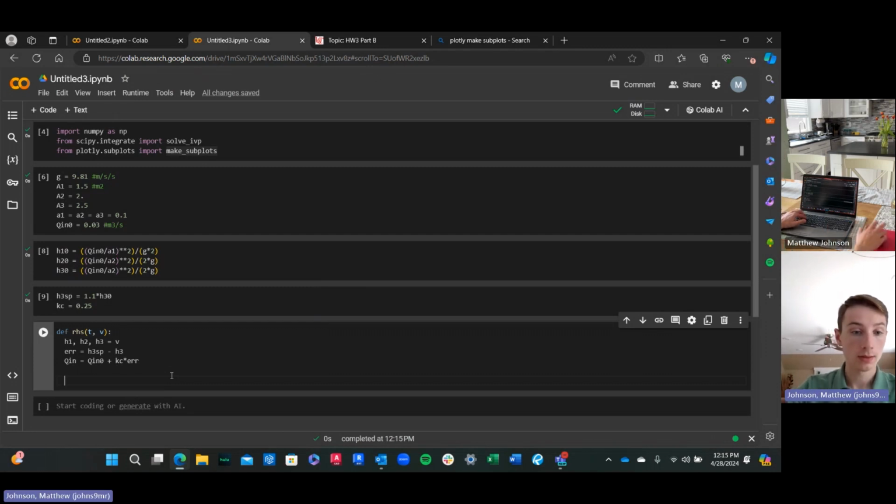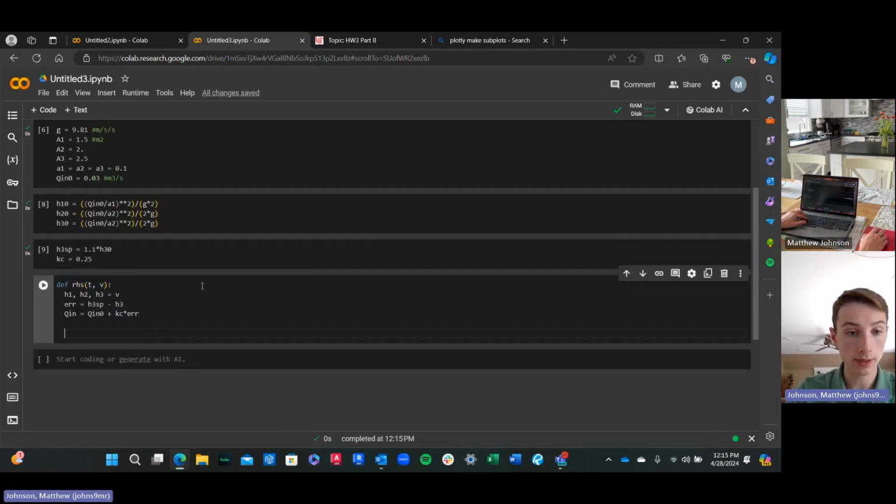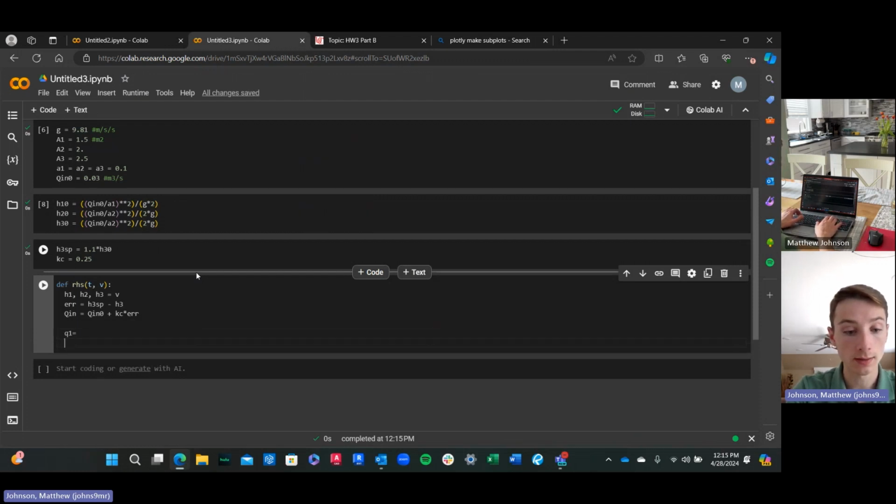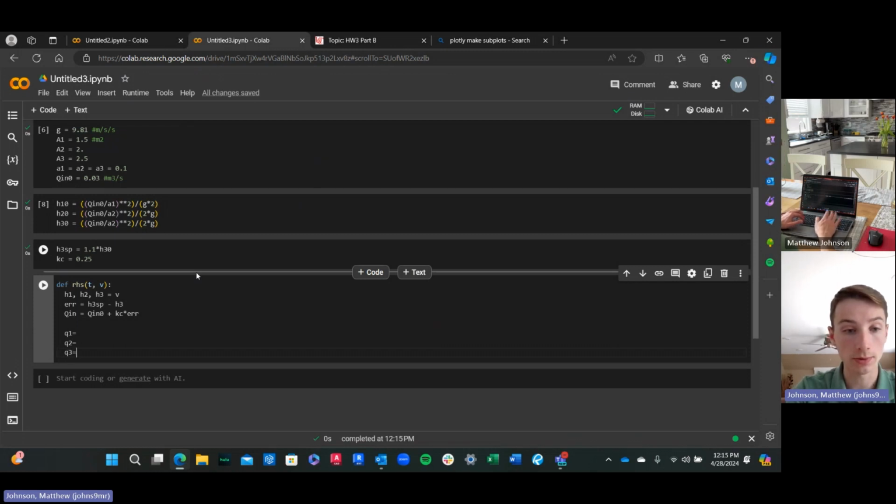Okay, great. Now what we can do is write in our equations for flow, right? So we're going to have Q1 equals something, Q2 equals something, and Q3 equals something. We already did this. This is just our square root of 2GH times the area of the hole.